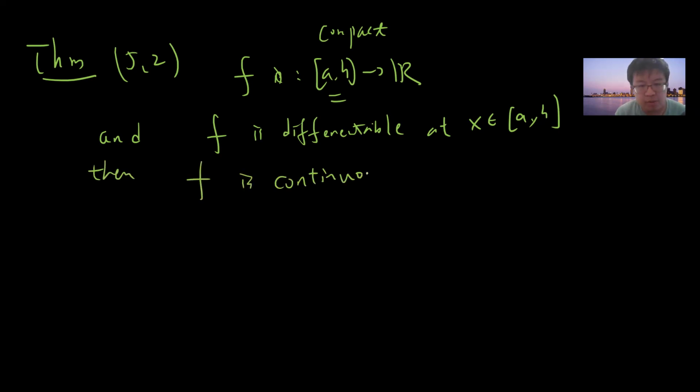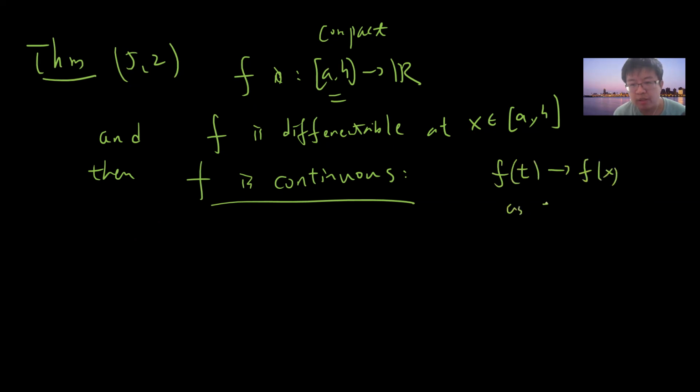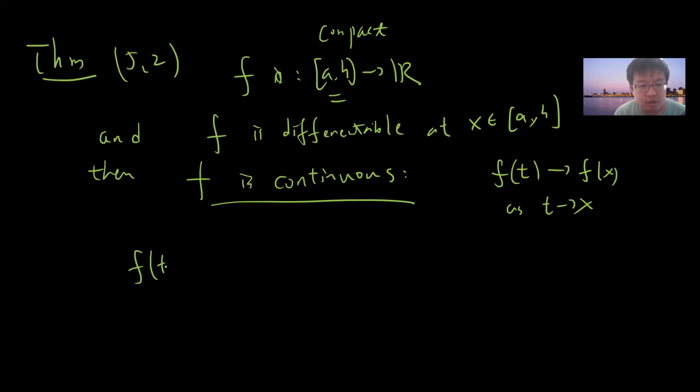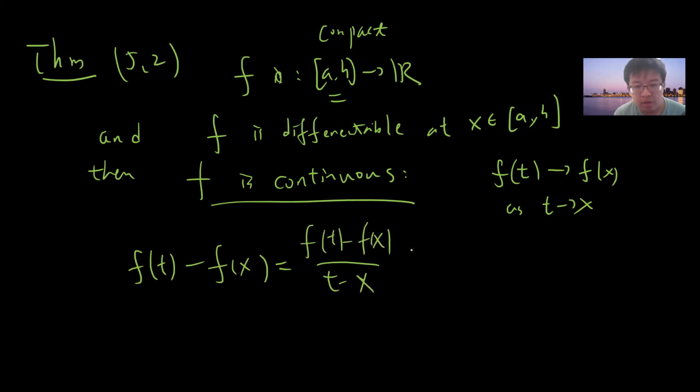So differentiable implies continuous. I think everybody knows how to prove this. In order to prove that something is continuous, you are trying to prove that f of t approaches f of x as t gets close to x. So f of t minus f of x can be written as (t minus x) times (f of t minus f of x) over (t minus x).